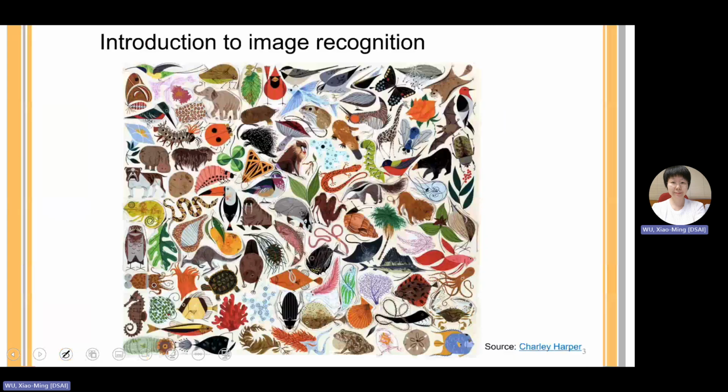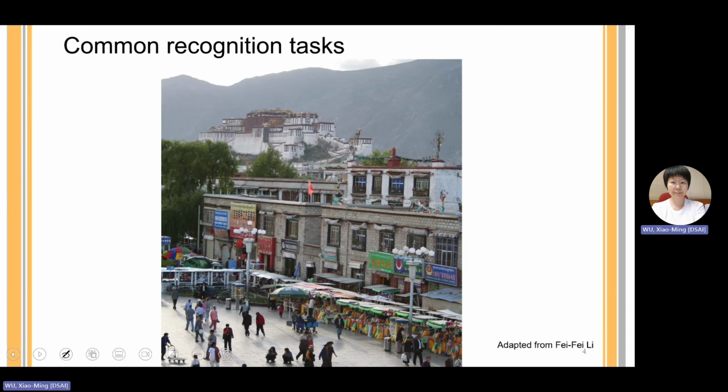So first question: image recognition. Does it mean image classification? Are they equivalent? So what is image classification? Given an image, you assign a class label to that image.